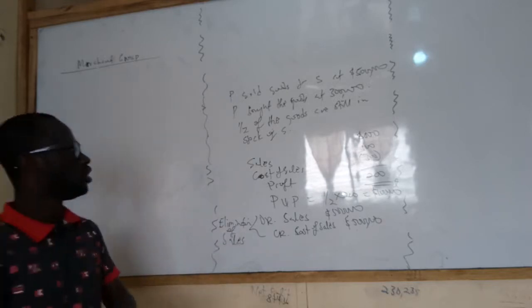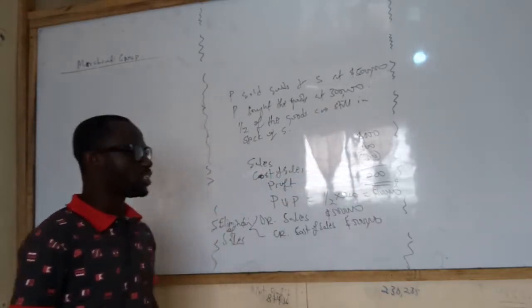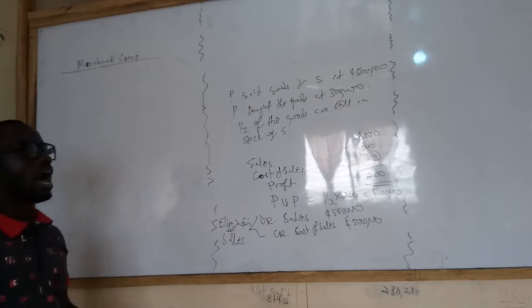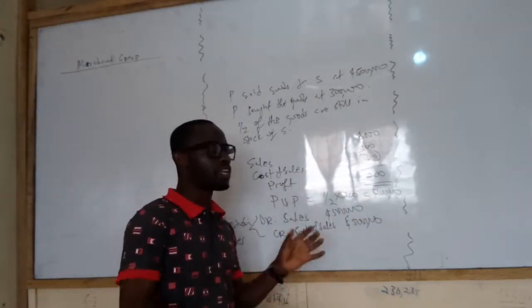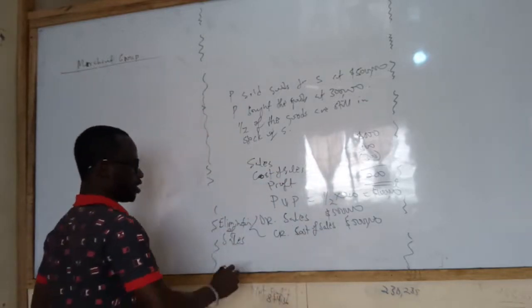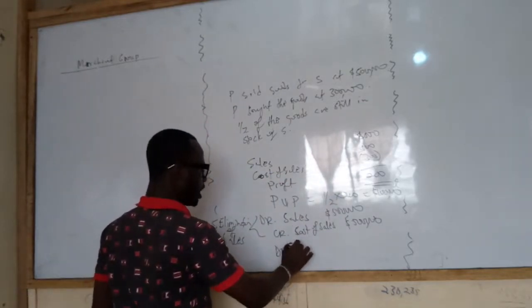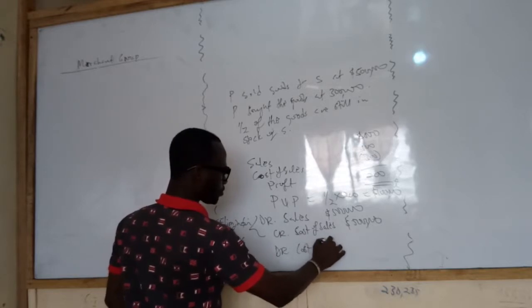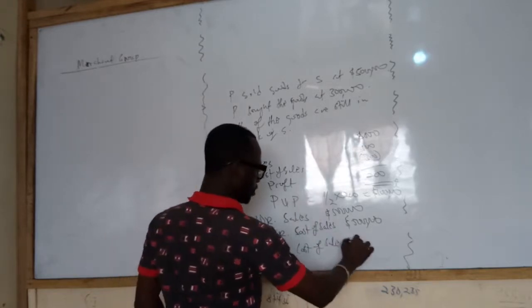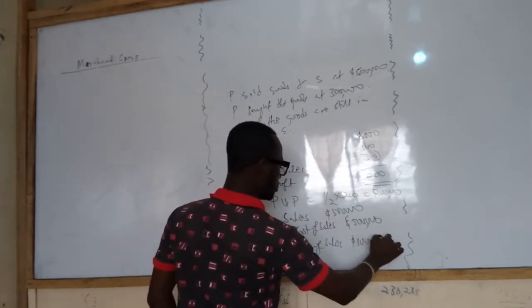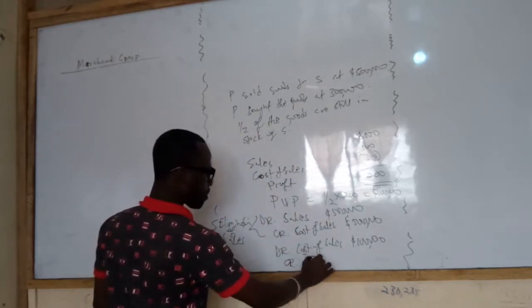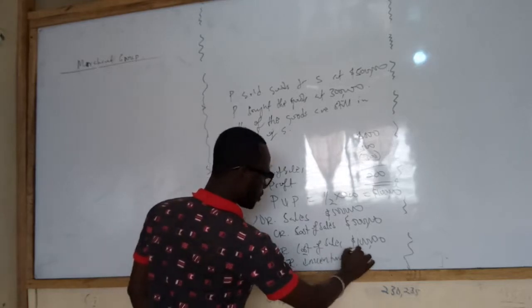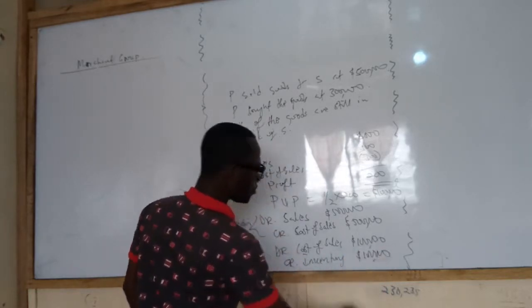Number two, the unrealized profit 100,000. How must we account for it? We said that the unrealized profit must be subtracted from inventory. Hence, we're going to be debiting cost of sales with 100,000 and then credit inventory with 100,000.